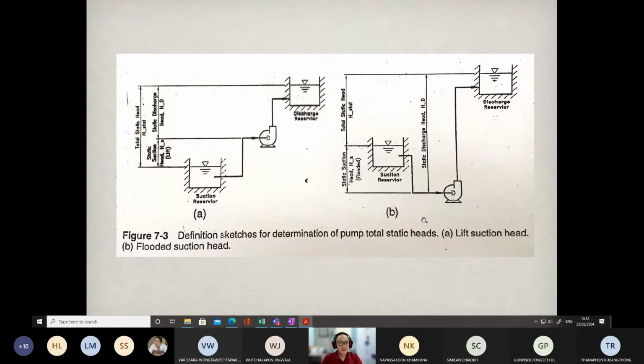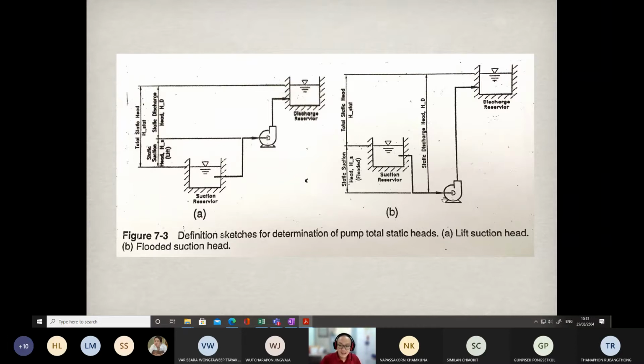And for the installations of the pumps, especially for centrifugal pumps, we can say that there are two types of pump installations. The first one is where the centerline of the pump is above the water level in the suction reservoir, or in between the water level in the lower reservoir and the water level in the upper reservoir, as shown in these figures.